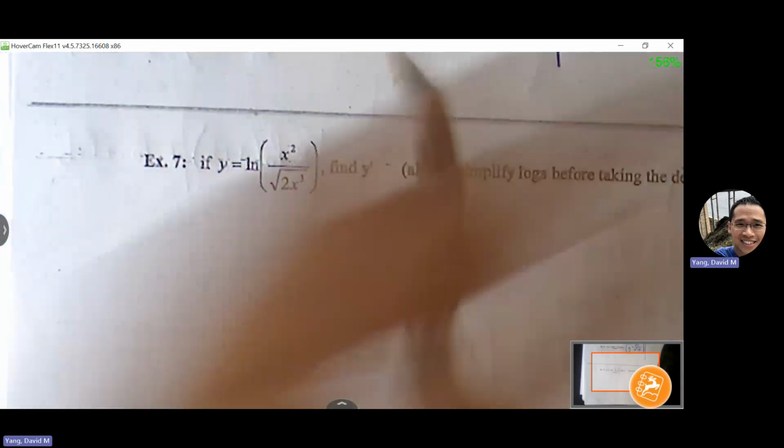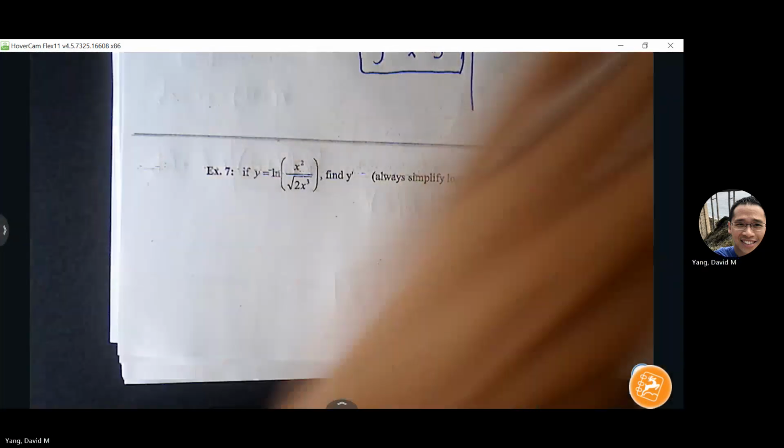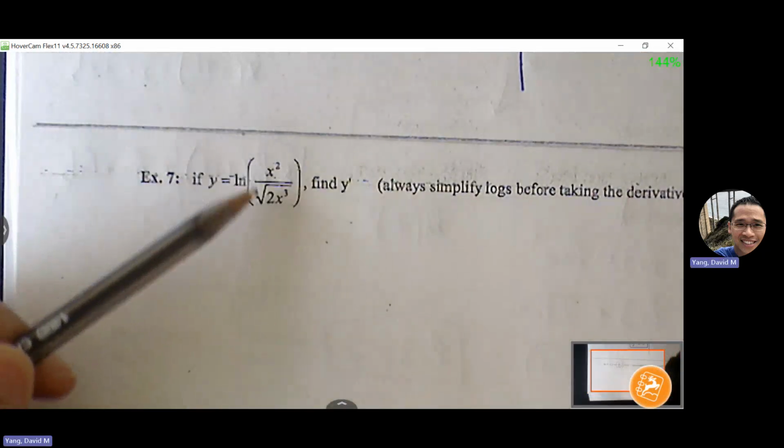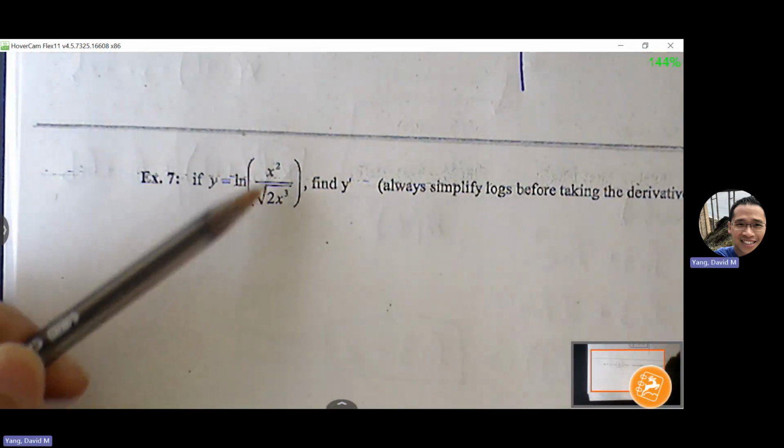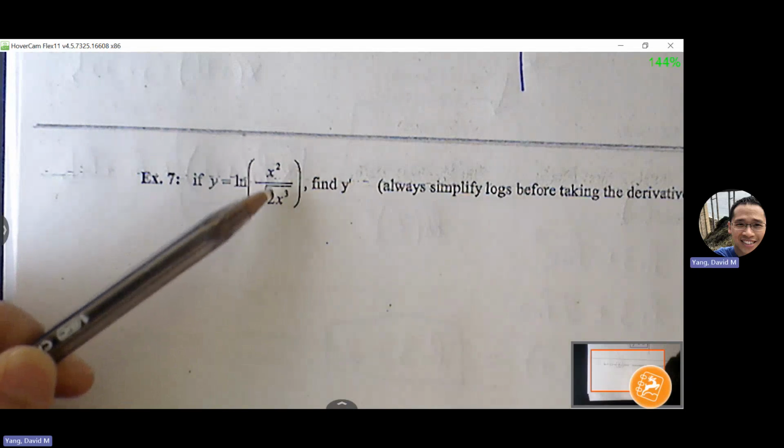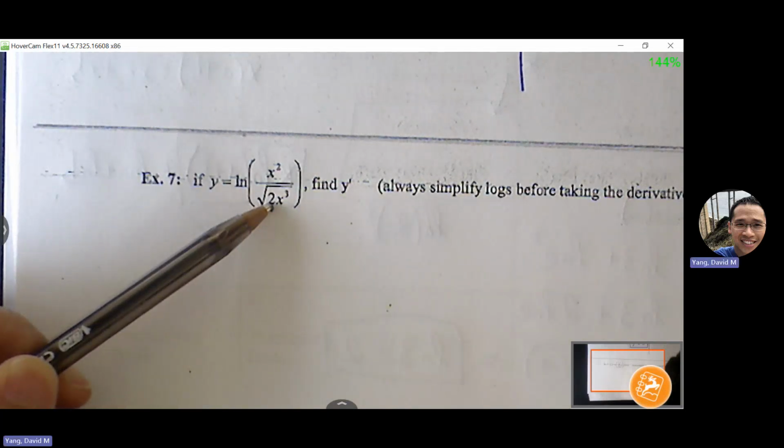So let's see what we can do to expand. Okay. Do we see a numerator denominator portion here? So I can use the quotient property, right? Natural log of a over b can be expanded into natural log of a minus natural log of b.